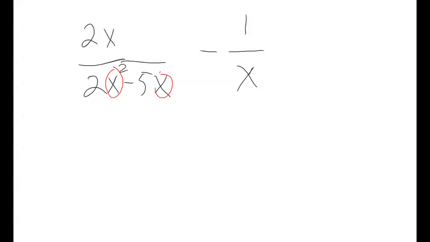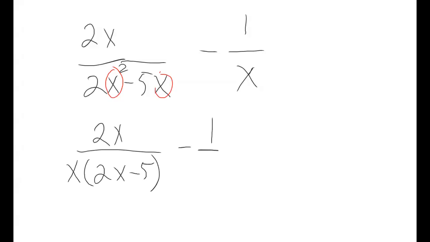So if I pull out an x of the first denominator, I get an x on the outside and 2x minus 5 on the inside, right? And then I have my other fraction, which is 1 over x. Now, by simplifying it, I see he has an x, and I see he has an x. But I also notice he has a 2x minus 5, and he does not, so I'm going to give him one.